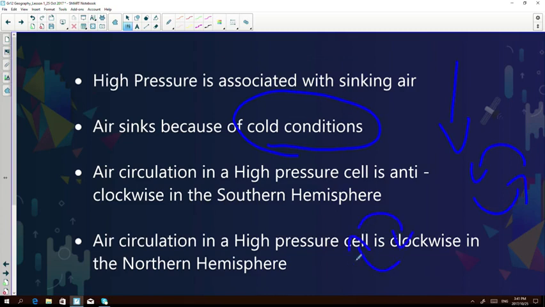The 3 points that I really want to concentrate on today are the following: you need to know that high pressure is usually sinking air, that the air sinks because of cold conditions, and that it's an anti-clockwise circulation of air in the southern hemisphere.